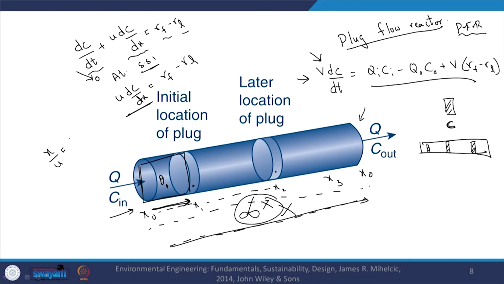So, x by u I am going to call it as theta or the hydraulic retention time. It gives me an idea about how much time the particular compound or by conjunction the fluid spends in that reactor, x by u.